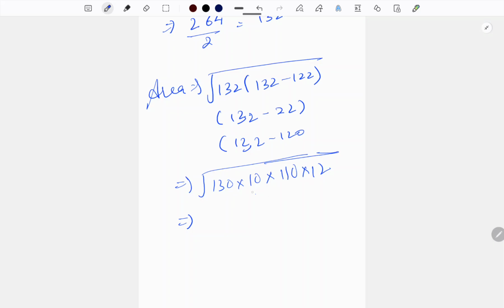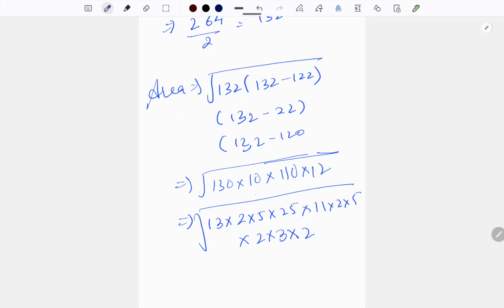It will come 13 into 2 into 5 into 2 into 5 into 11 into 2 into 5 into 2 into 3 into 2. So now we have to find out the pairs. 2 and 5, the pairs come out.